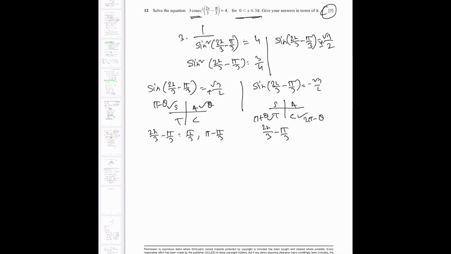Since it is up to 3 pi, I can go more for this. 2 pi plus pi by 3, 3 pi minus pi by 3. Let me see which ones will be in range. Equals pi plus pi by 3, 2 pi minus pi by 3, 2 pi by 3, and then 3 pi minus pi.